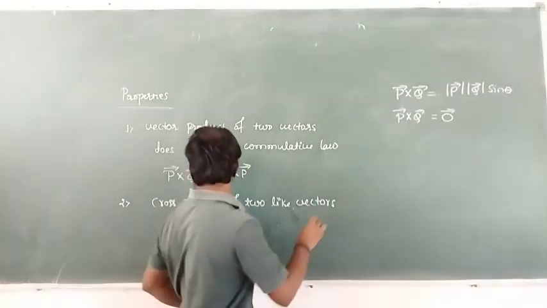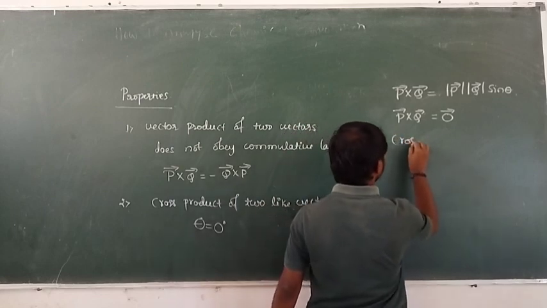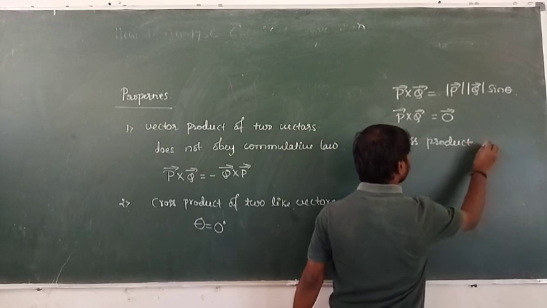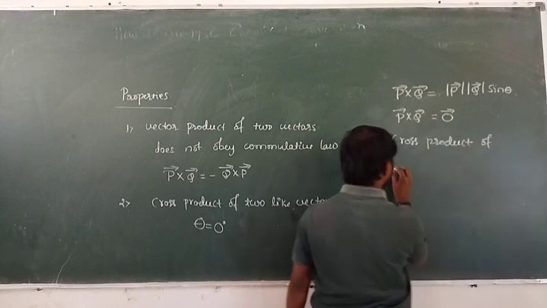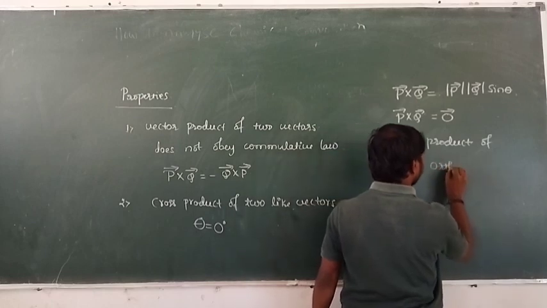Okay. Next, number 3. The cross product of two perpendicular or orthogonal vectors.